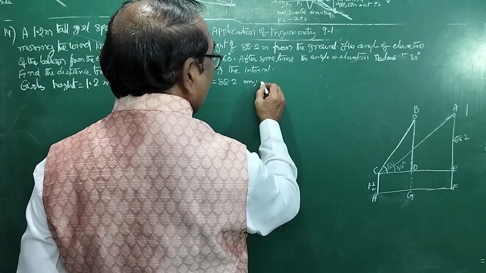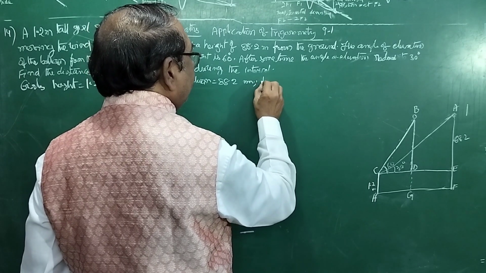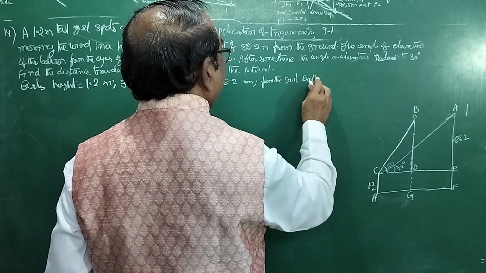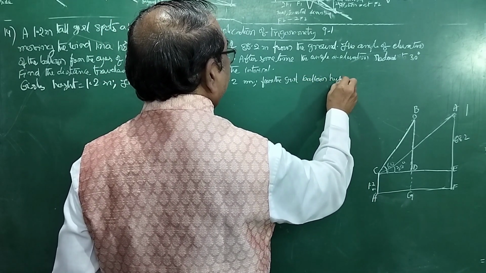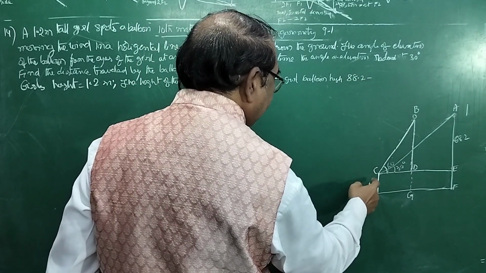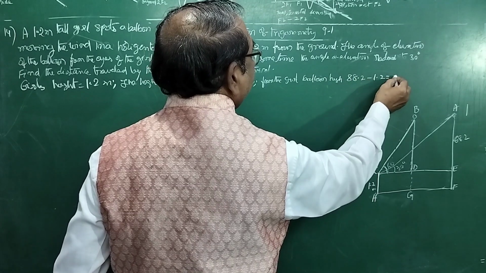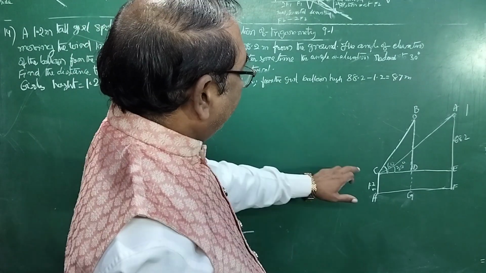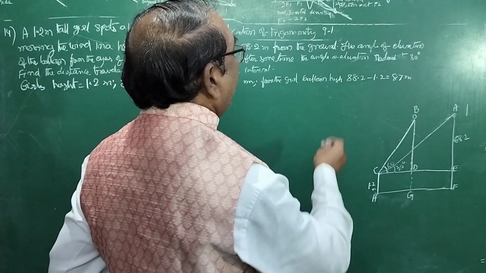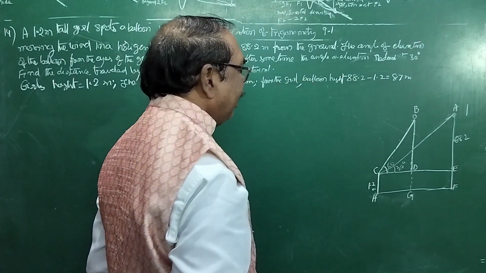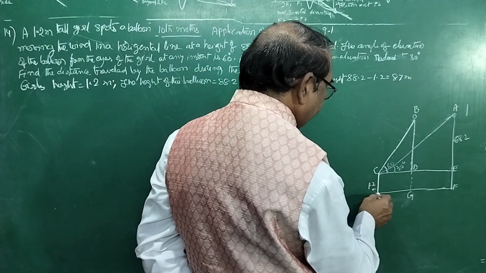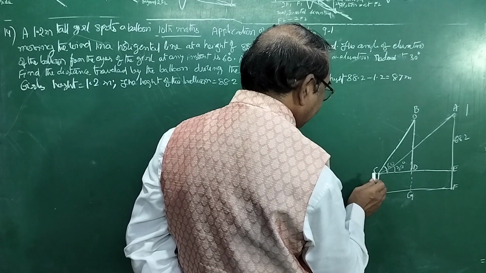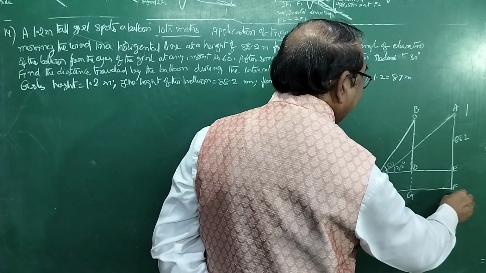Now, the actual height of the balloon from the girl is 88.2 minus the girl's height 1.2, so we subtract and get 87 meters.